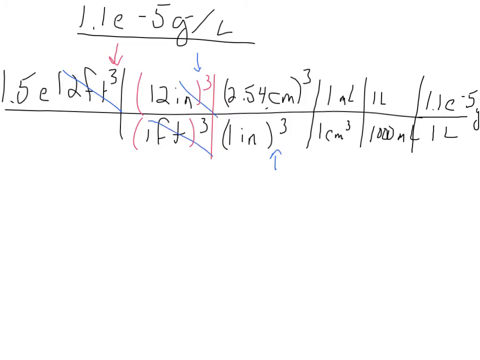Cubic inches will be canceled by cubic inches. Cubic centimeters will be canceled by cubic centimeters. Milliliters will cancel milliliters. Liters cancel liters. And our answer will be in grams. And the math on this, if we do this correctly, we should end up with a mass of 4.7 e to the 8th grams.